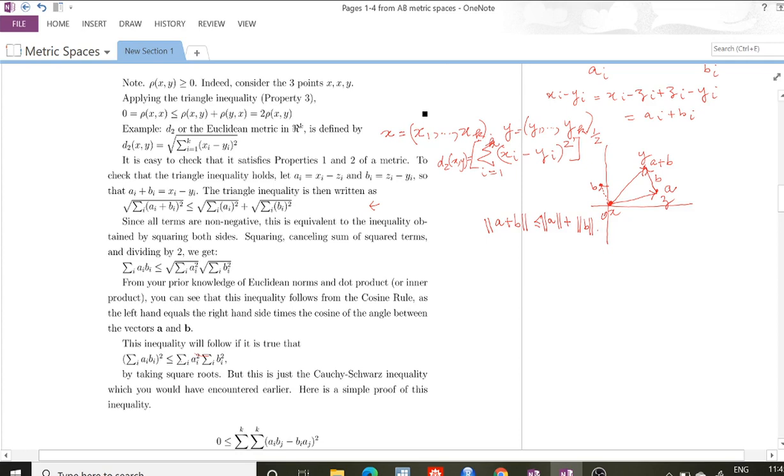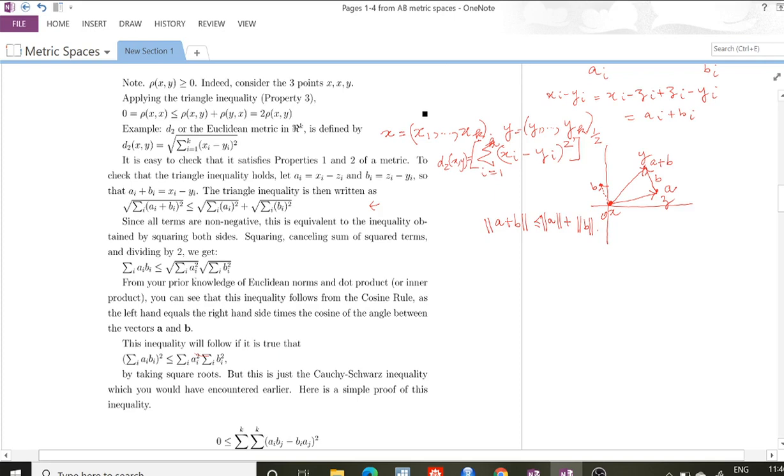So if you look at this squared version, then this is just the Cauchy-Schwarz inequality, which I'm sure you've encountered earlier. And there are thousands of proofs of the Cauchy-Schwarz inequality.